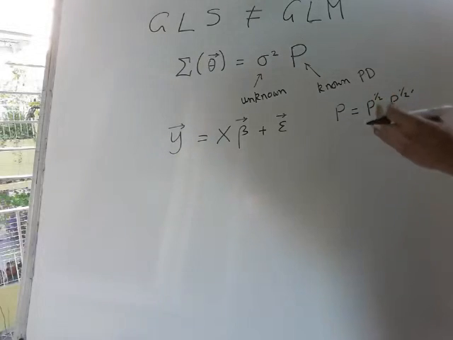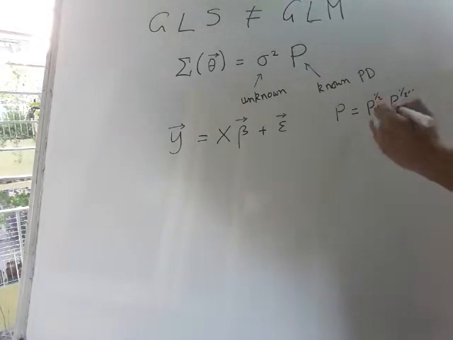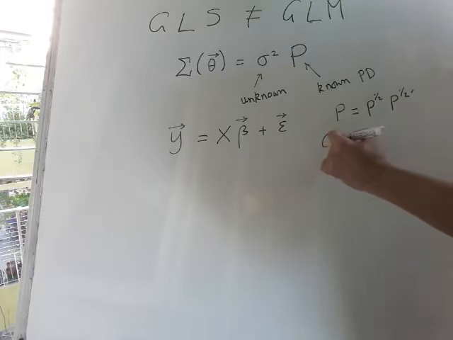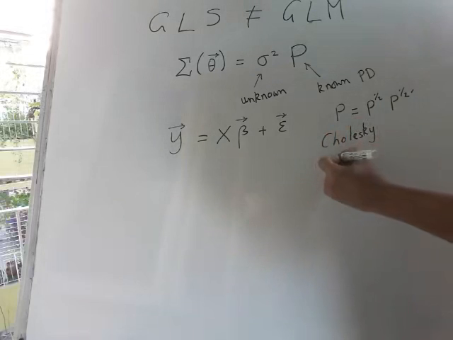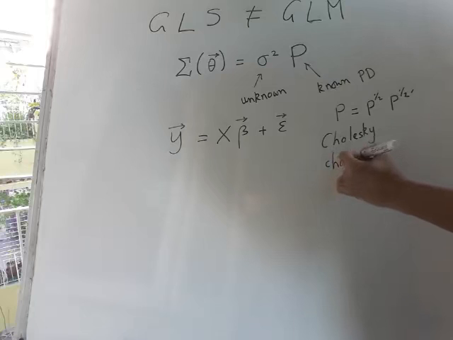So you can write it as some non-singular matrix into its transpose, which I have denoted by P to the power half. There are various ways by which you can get this, and one way is the so-called Cholesky decomposition. This may be obtained in R using a function called chol. So if you use the chol function of R on P, then you will get this P to the power half.